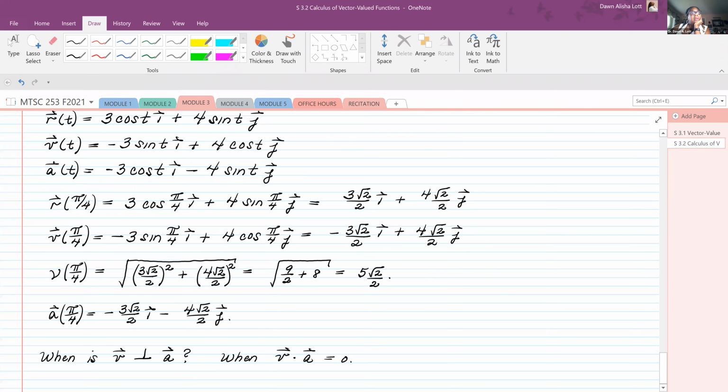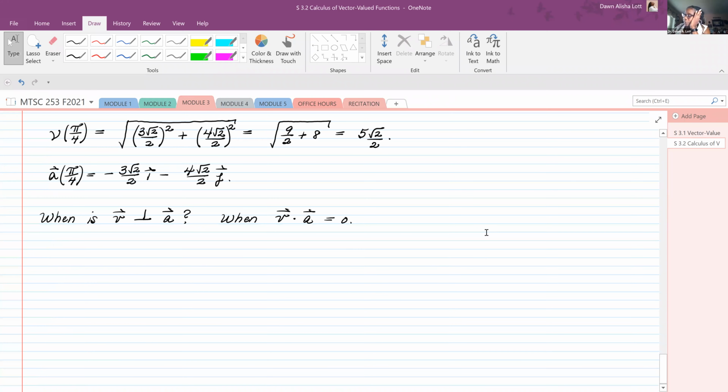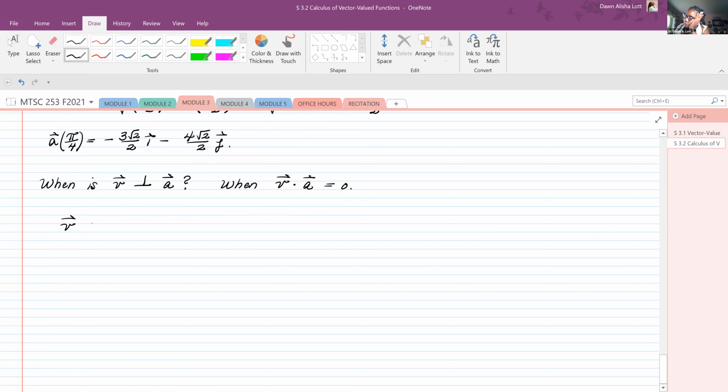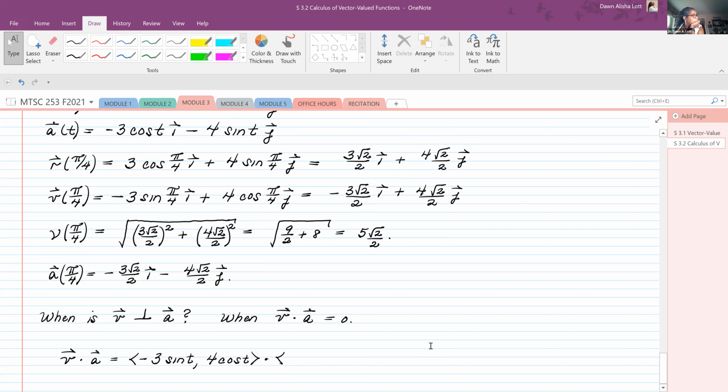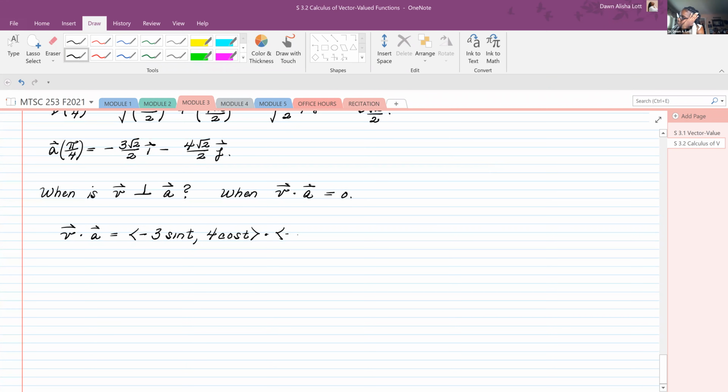So if I take v dot a, I get minus 3 sine t plus 4 cosine t, and I'm dotting that with minus 3 cosine t minus 4 sine t.